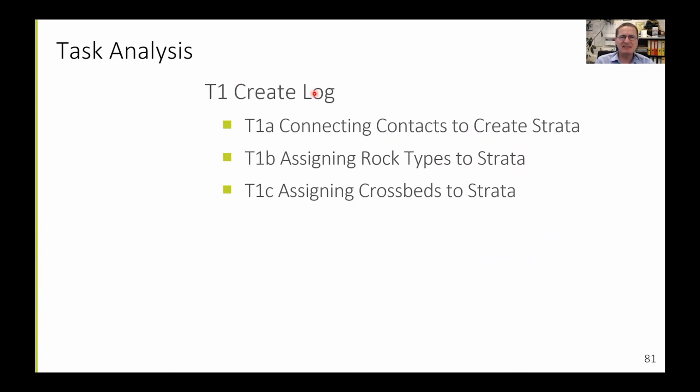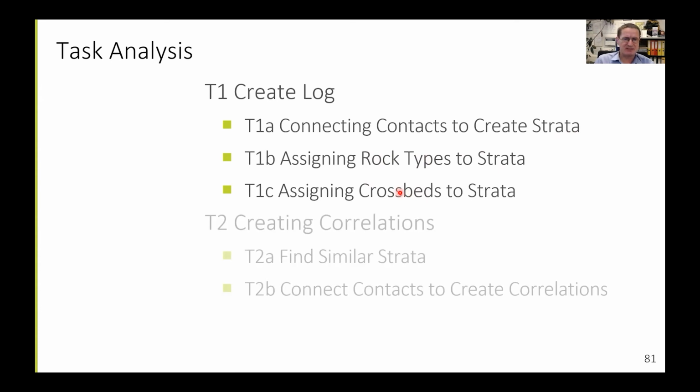And in the task analysis, the first is to create a log, one specific log for one specific outcrop, which means the strata have to be defined. Then for each stratum, what rock types are happening there, and then the crossbeds to get this flow information for biosignatures.